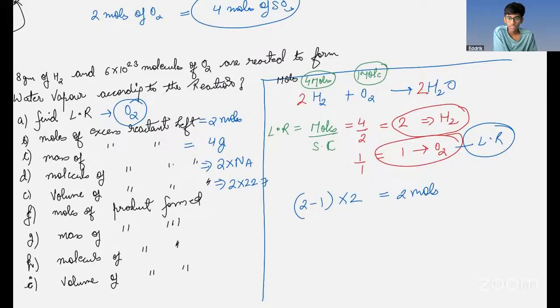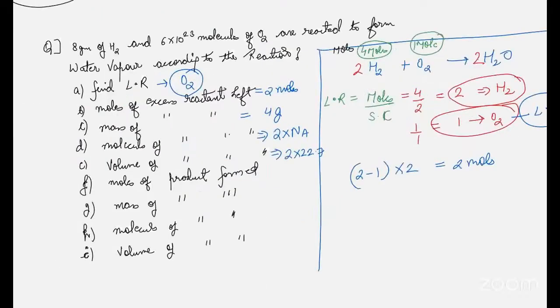Since there's only 1 mole of oxygen, the number of moles of H2O will be 2. So, 2 moles of water is formed, because the limiting reagent is oxygen, that is why only 1 mole is consumed. Did you understand? Yes.